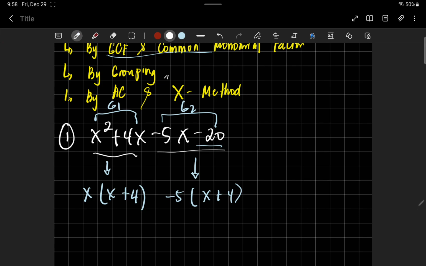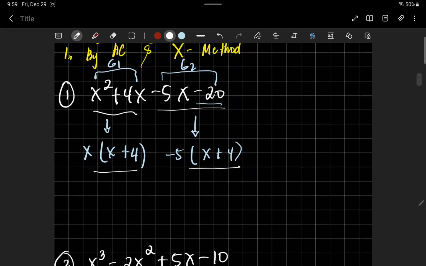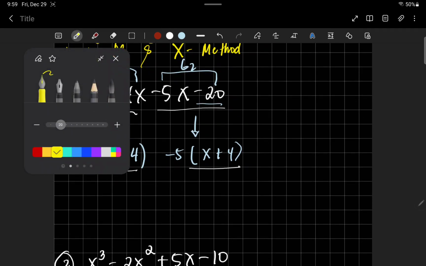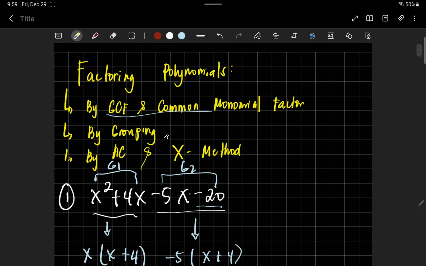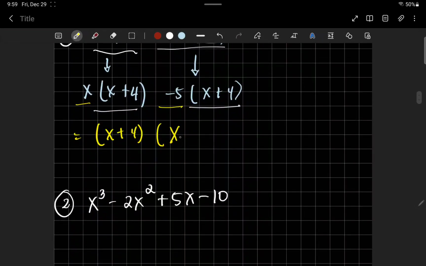On this part, kapag nakita natin na merong parehong factor, which is yung x plus 4, pag-iisahin natin yung pagsulat natin sa kanya. Okay? So, that will become x plus 4 na lang. Isa na lang siya. And si x minus 5, pagsasamahin natin into 1 binomial.